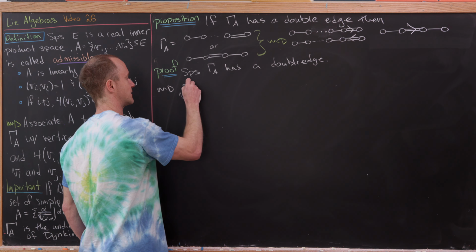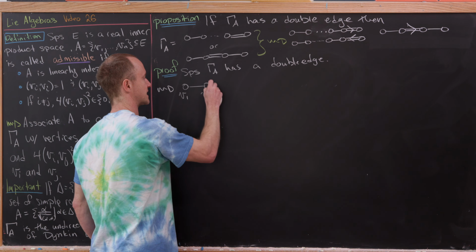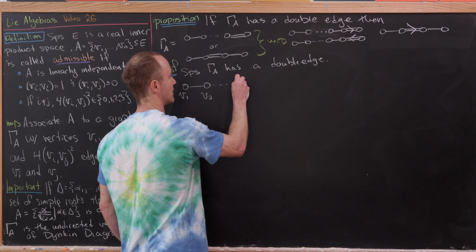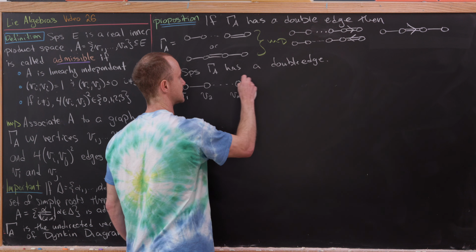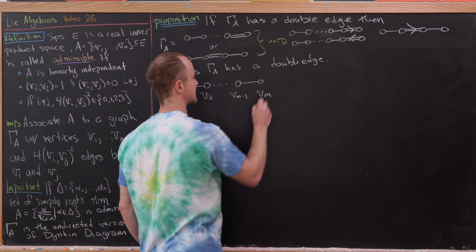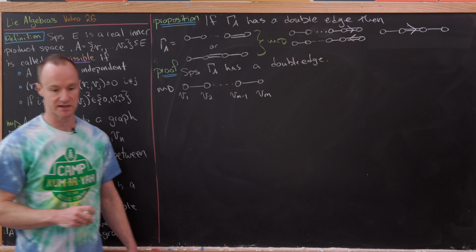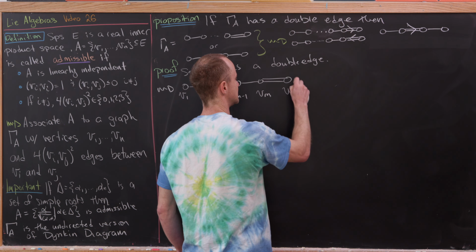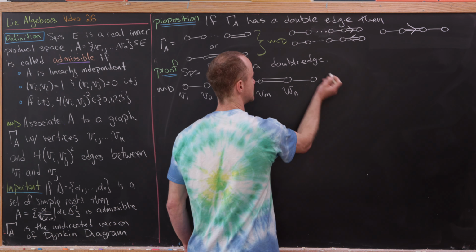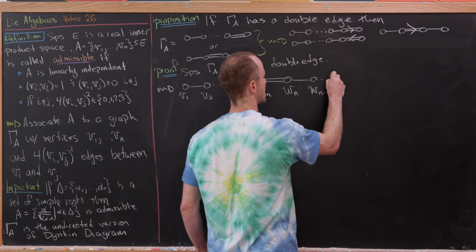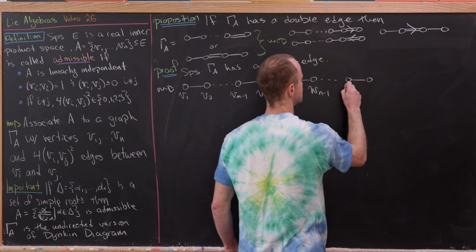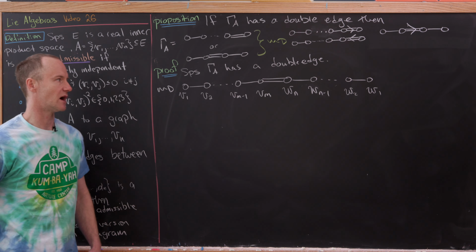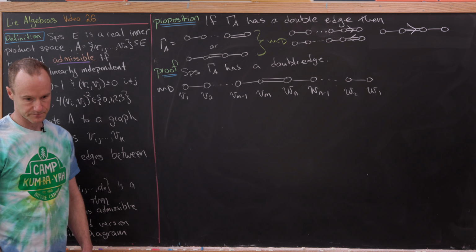So we'll call this vertex V1, this vertex V2, and then we'll go all the way up and we'll call this vertex Vm minus 1, and then this last vertex Vm, the last of the V's at least. And that's going to be connected via a double edge to vertex Wn, which is connected to Wn minus 1, all the way down to W2 and W1. So we've put that double edge in the middle.